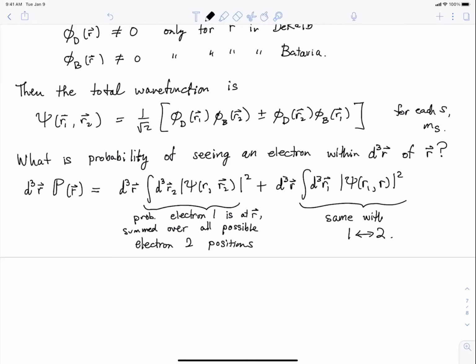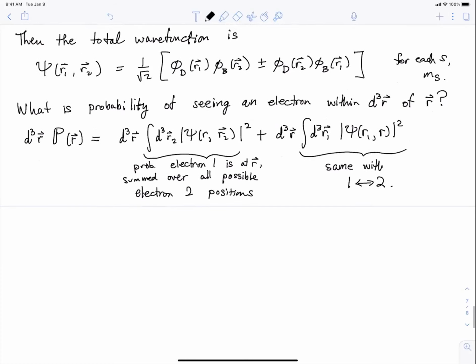So notice that when I'm summing over the electrons, I'm really doing an integral. And so if I just now ask about the probability density, we can go ahead and do those integrals. So on the first term, since I'm only integrating over R2, I can just pick out the dependence on R1 and pull it out of the integral sign.